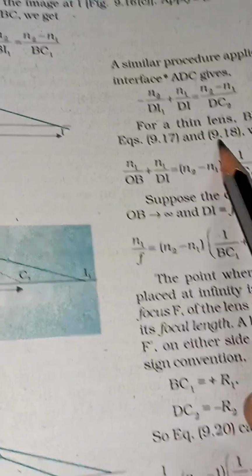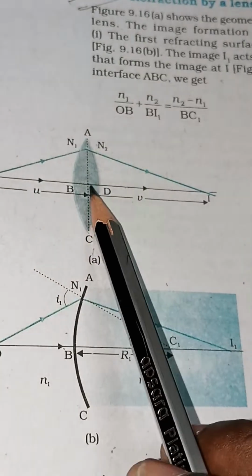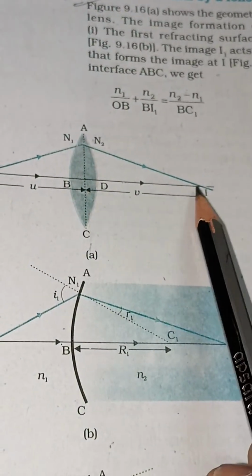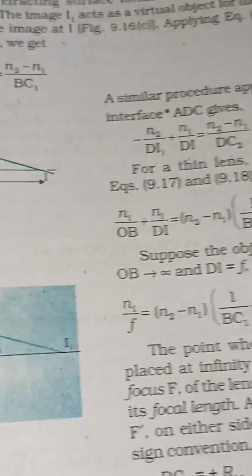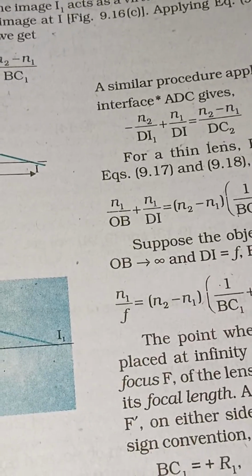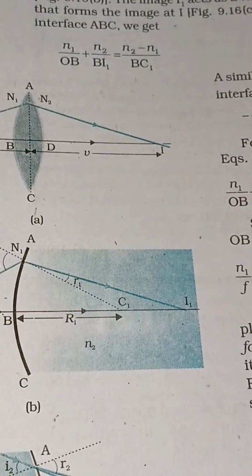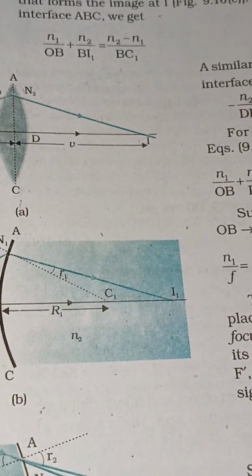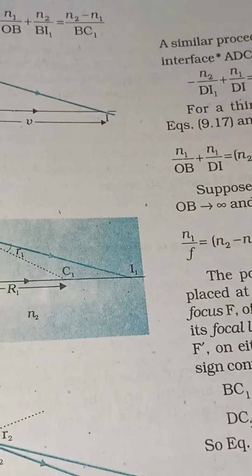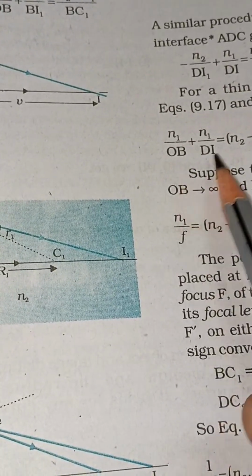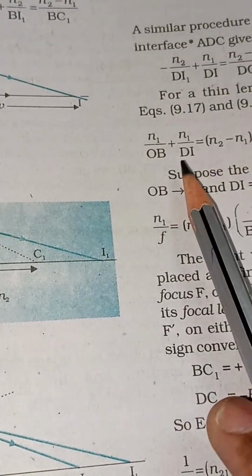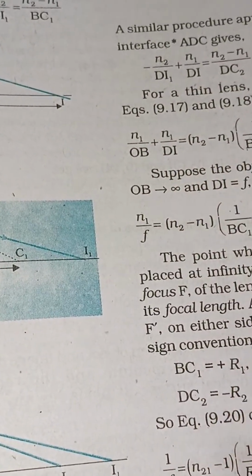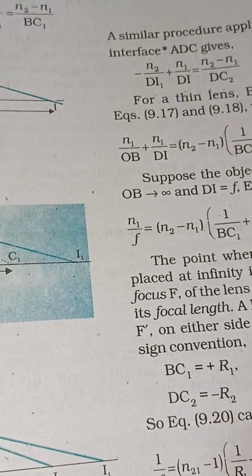For a thin lens, BI1 is equal to DI1. Adding equations 9.17 and 9.18, n1 upon OB plus n1 upon DI equals n2 minus n1 times 1 upon BC1 plus 1 upon DC2.